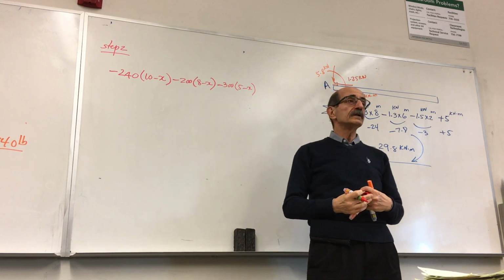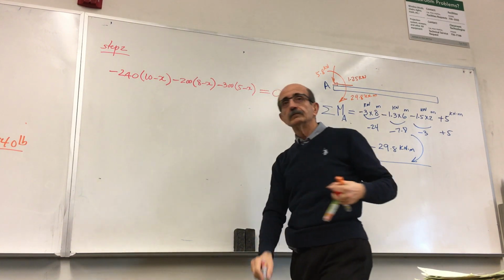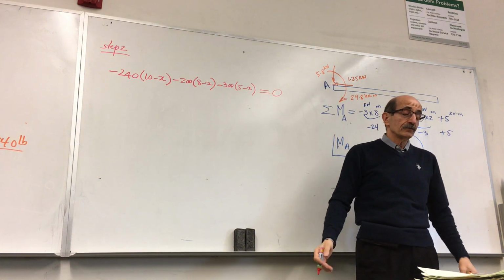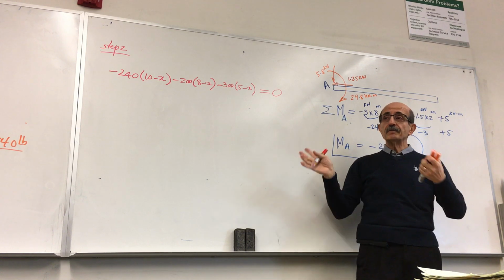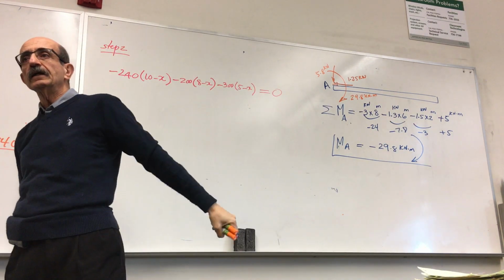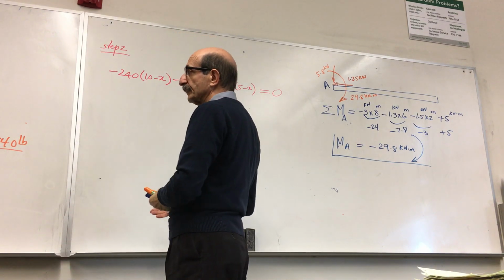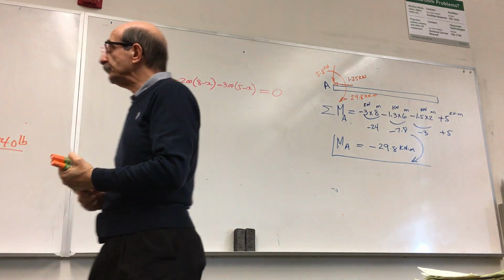But we are told that this moment is 0, because that's what the problem was asking us. Find this location in such a way that after we move all these forces and put the resultant there, the moment that results from this action, which means the sum of the moments about that point, would be 0.